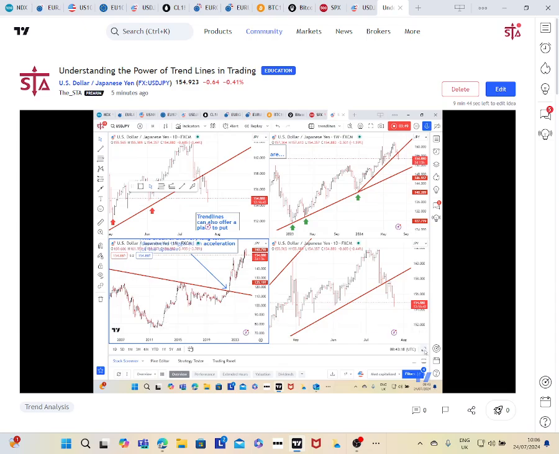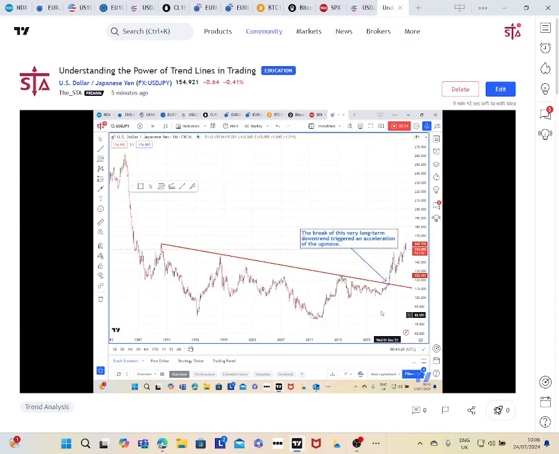The next point I want to make is about when you see a very long-term trend line break. So this is the monthly chart for the US dollar versus Japanese yen. And as you can see here, we've got a very, very long-term downtrend that was broken earlier in 2022. And the break was extremely dynamic. Now, this downtrend went from 1990.